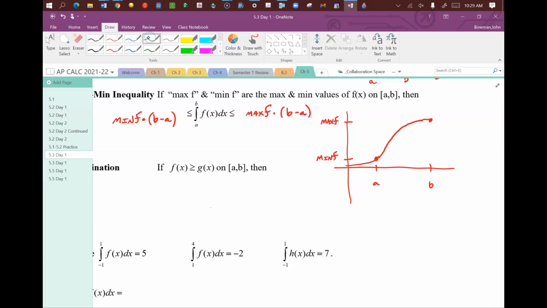But effectively what we're saying is, if we were to find the area of this rectangle, which is b minus a times min f, and the area of this rectangle, which is b minus a times max f, the blue rectangle would extend all the way down to the x-axis. The actual integral of the function, which I'm going to shade here in black, would fall in between the values of those two areas of those two rectangles.